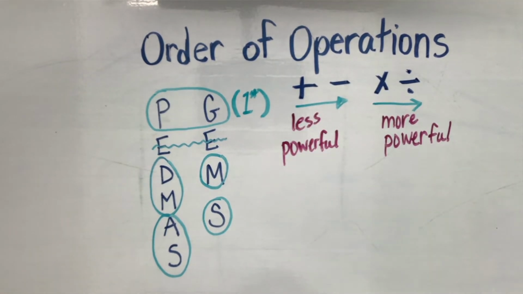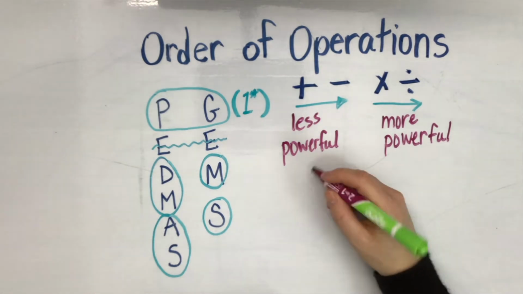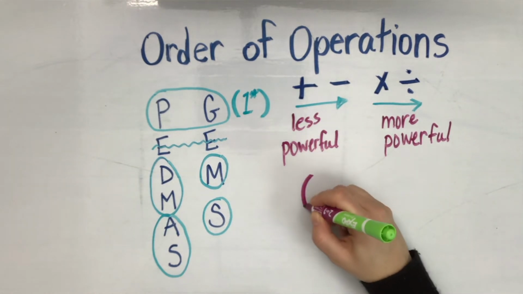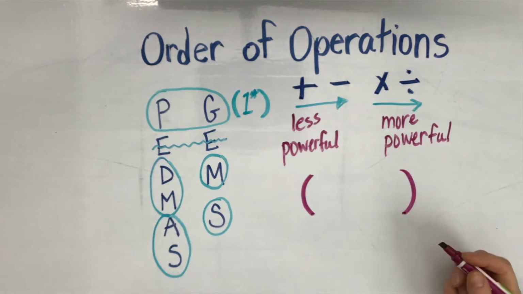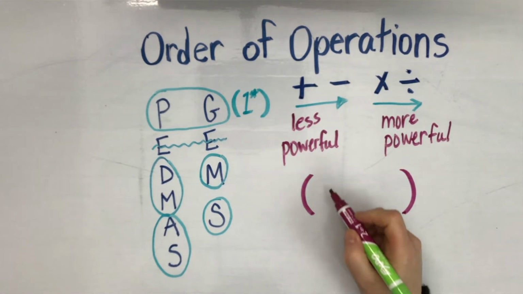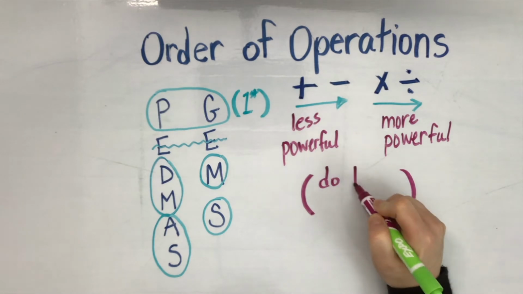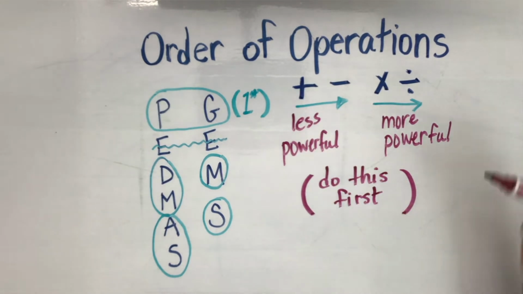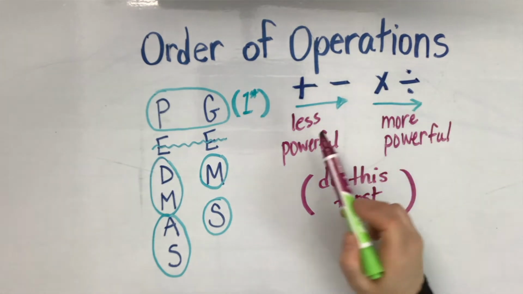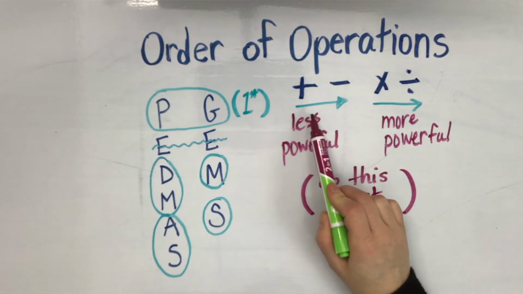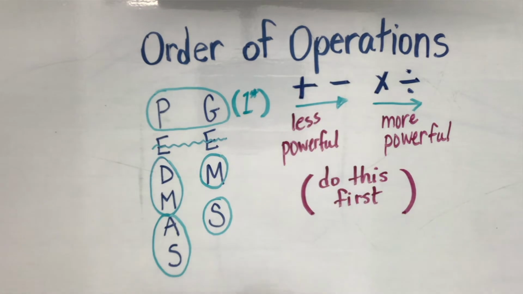The only way that I could possibly change the order of the operations and make, say, an addition happen before a multiplication is if I were to put a less powerful operation in brackets, or parentheses if you want to use the fancy word. So brackets mean do this first. Otherwise, we do the most powerful operations first, going from left to right, and then we do the least powerful operations last, going from left to right.